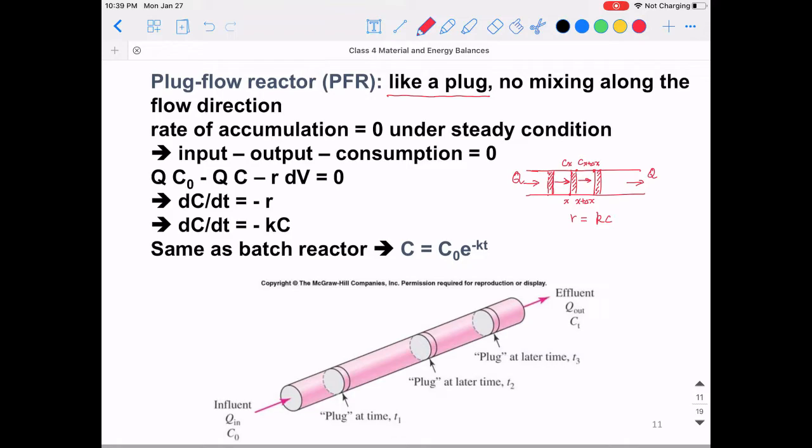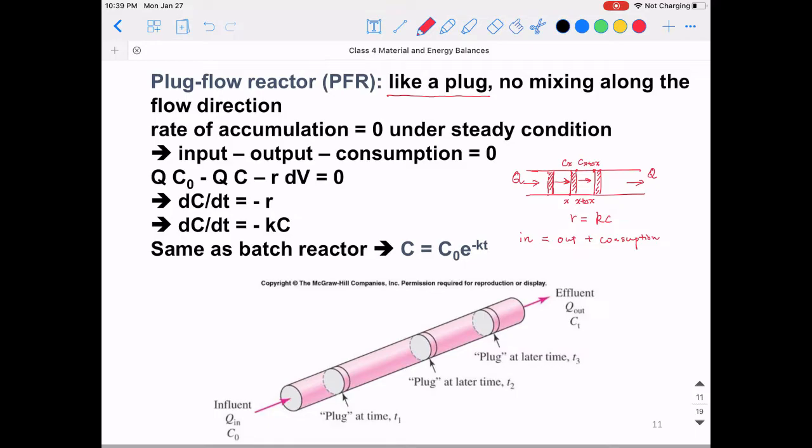We know for a plug flow reactor, there's no net accumulation in any of the slices because there's just continuous movement, right? So in any control volume, there's no net accumulation, but there is consumption because of the reactions. And if we think back on the mass balance, the inflow is going to be equal to the outflow plus the consumption.